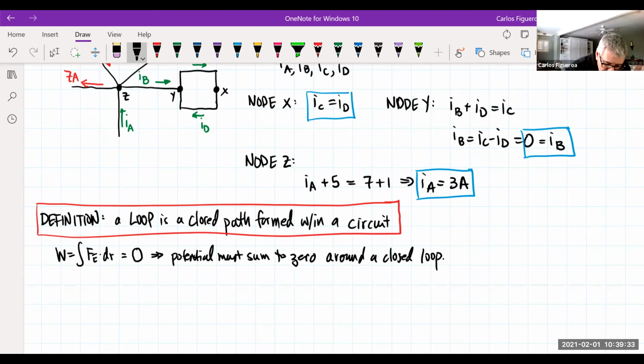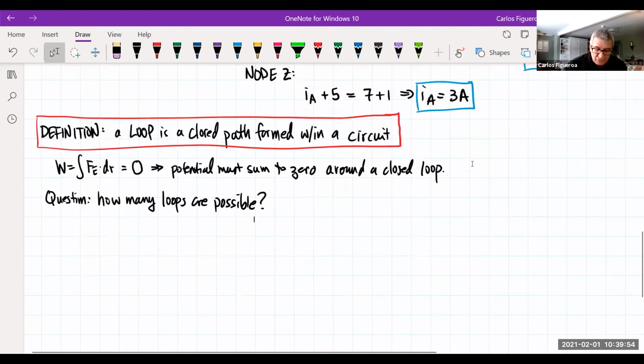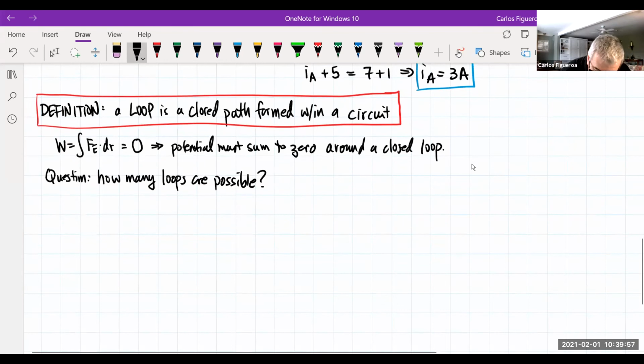So, question. How many loops are possible? If I look at this circuit, I'll draw a fairly straightforward loop here.